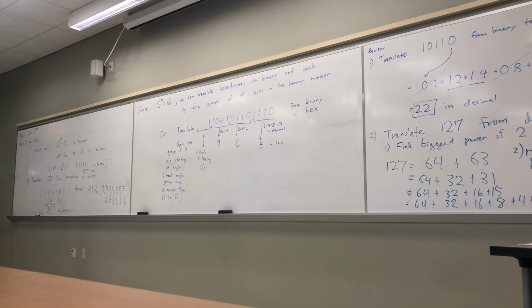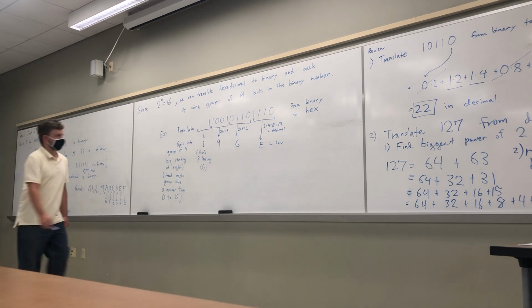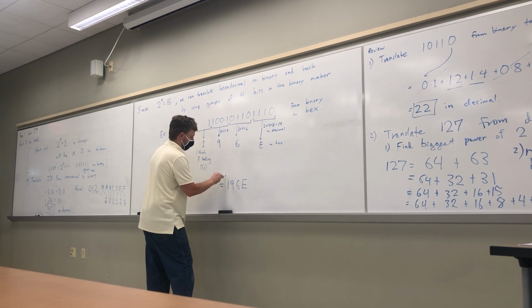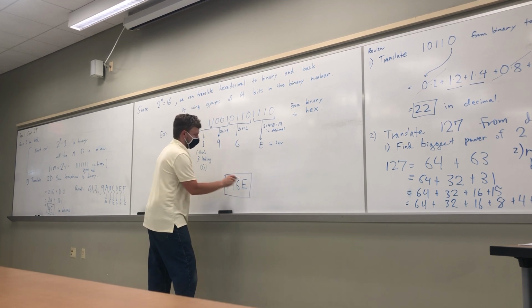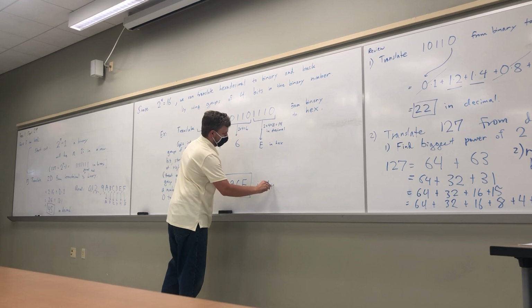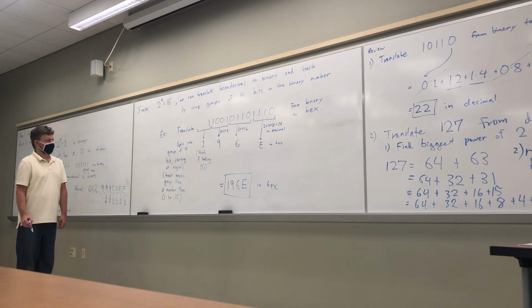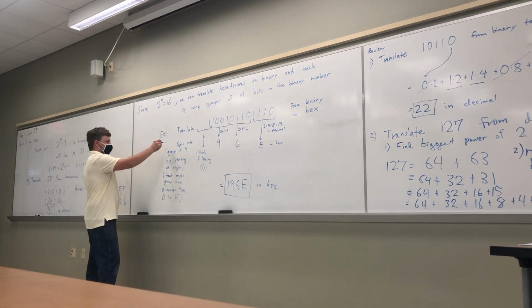Okay, then finally, you just string those numbers together, and that's your answer. 196E is the answer, in hexadecimal. So these are the steps.